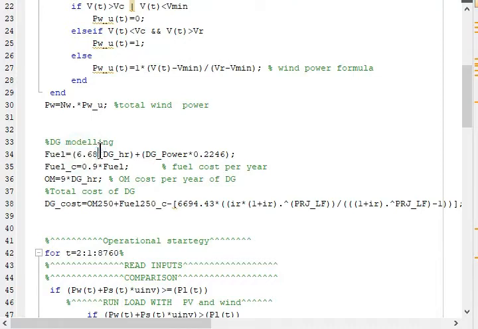So it's 60 point something, this is given from the data sheet of the DG that we are using, plus the DG power, that is the total power generated by that DG, and the DG power used multiplied by some other constant B. So the fuel cost will be this total fuel multiplied by 0.9. The 0.9 is the per liter cost of petrol or diesel, whatever you are using. That's the total fuel cost.